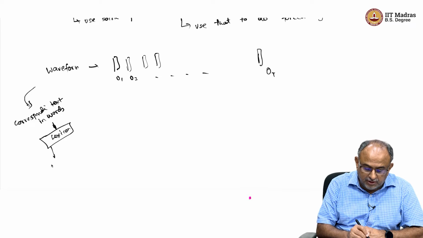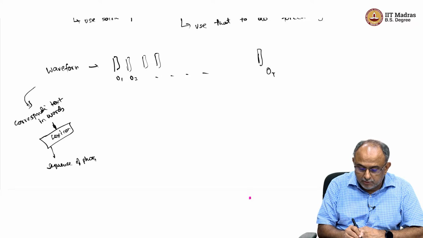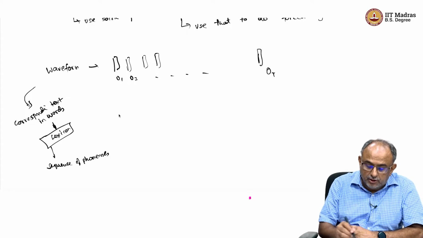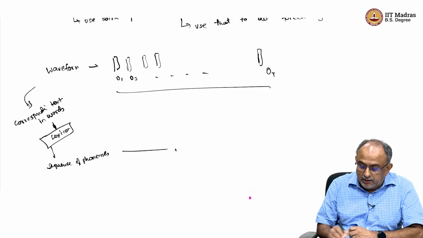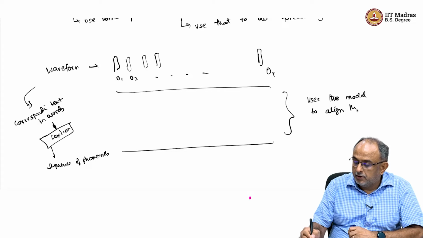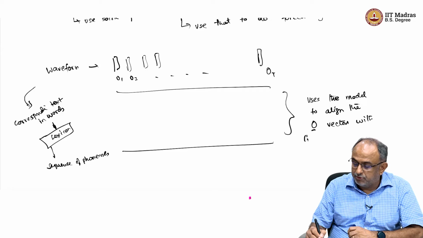Then we get a sequence of phonemes. Okay, and it uses the model to align the O vectors with the phonemes. So, this is called forced alignment.